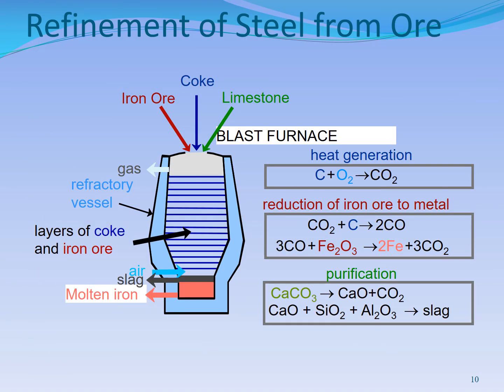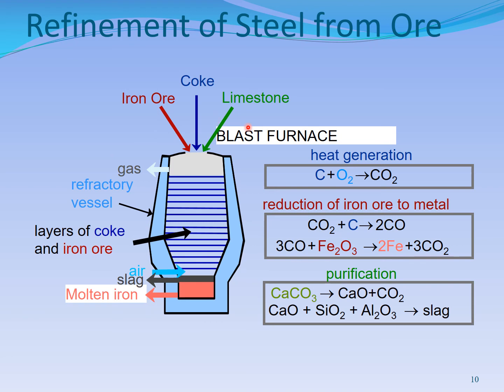So here we are showing you again that the blast furnace is there, lot of heat generation is there. The whole thing is made of a steel because it has to be very high strength and ductile and so on, but inside there is refractory lining, right, very high temperature, because if it is a steel body and you are melting a steel in it, the whole body will melt.